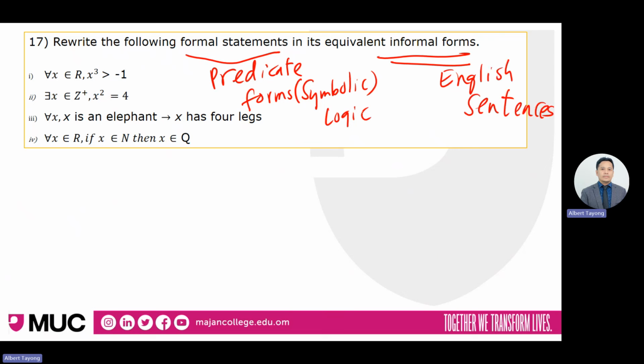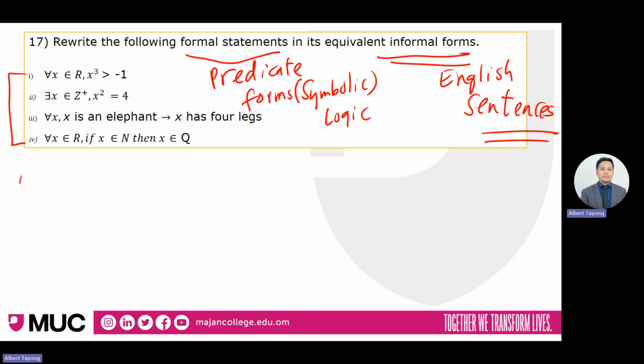So please remember this: English sentences are informal. The symbolic or the predicate forms are formal statements. So these are symbolic. We use symbols, variables, inequalities, and equations, and we're going to change to English sentences.